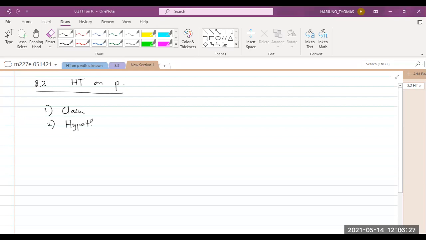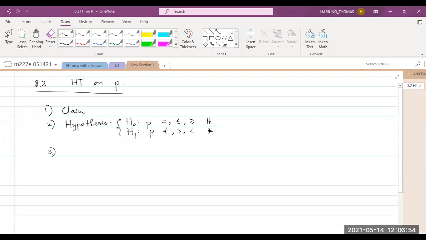In other words, the null and alternate hypotheses will be on P, equals, less than or equal, greater or equal to a number, not equal, greater than, less than a number. It's not on mu anymore, but it's on P, population proportion.